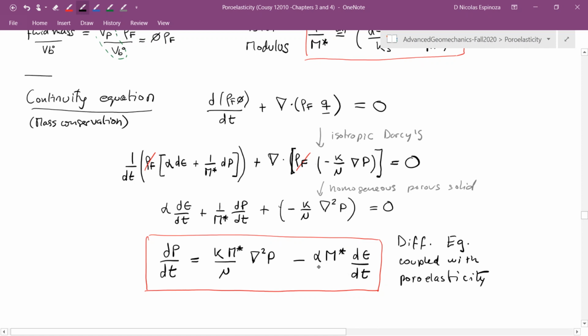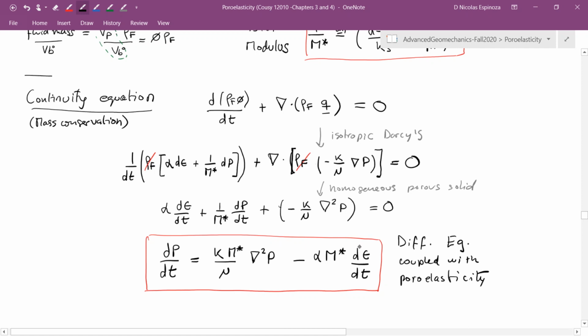And basically this term, the second term on the right-hand side, is the one that is going to do the coupling between fluid flow and deformation of the solid because of this term, the variation of the volumetric strain as a function of time.